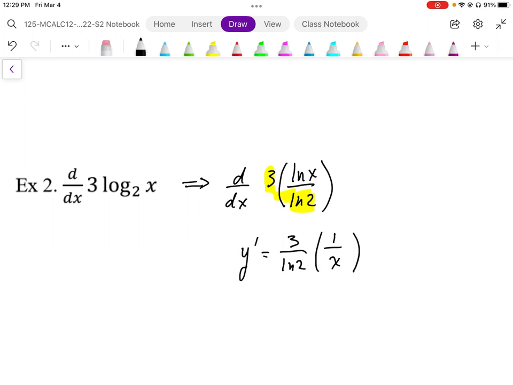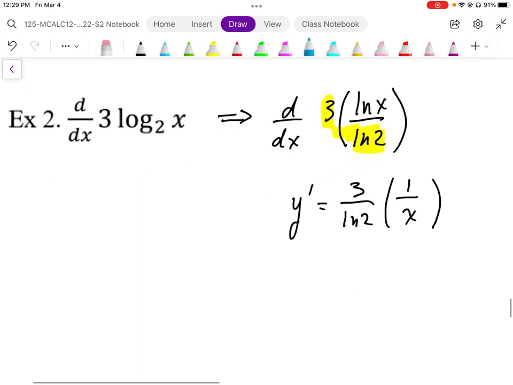Now let's say that I did this with the formula, with the log base 2. Well, I could do the same thing. So I'm going to go 3, and the log is going to be 1 over x. Okay, so when I differentiate that, because we have a base 2, I need to remember to divide by log 2.